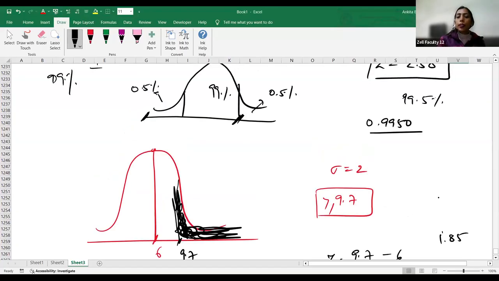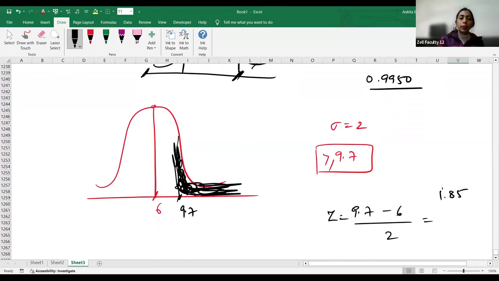Now this 1.85, we have to look in the Z table. If I look at the Z table for 1.85, I'm getting a value of 0.9678. So I'll put here Z value 0.9678. Now, what does 0.9678 represent here?